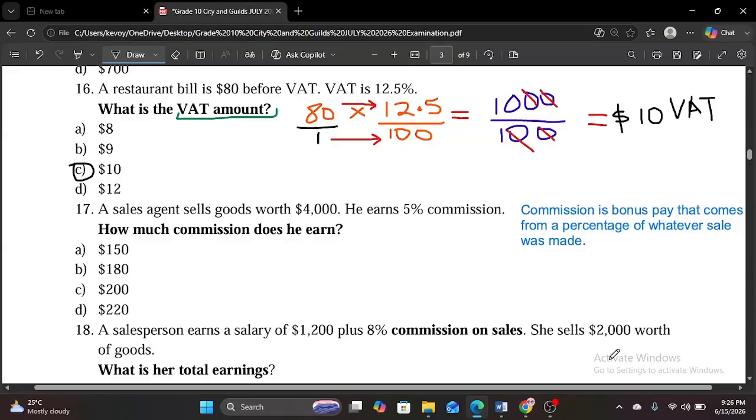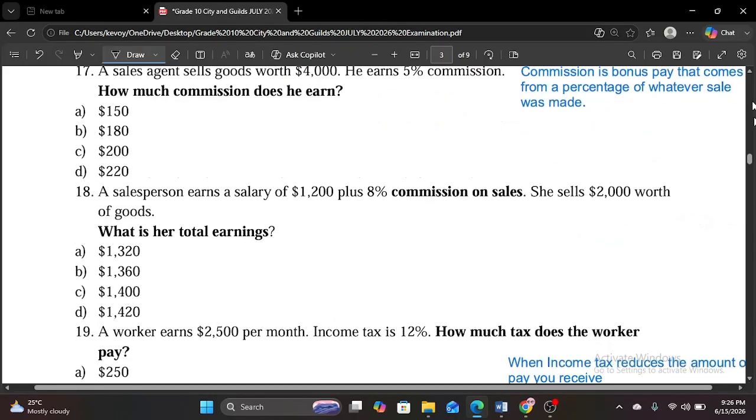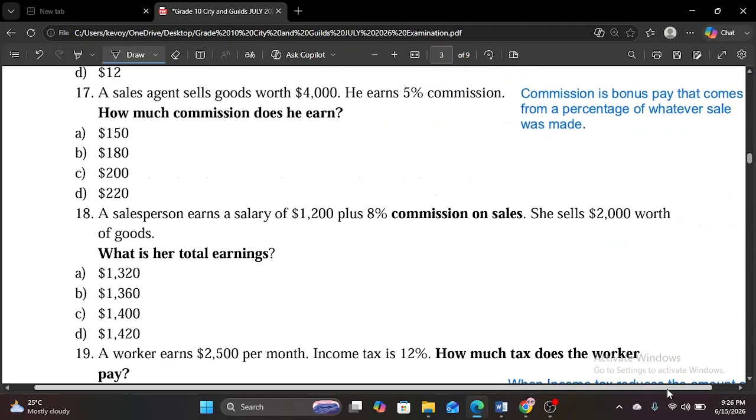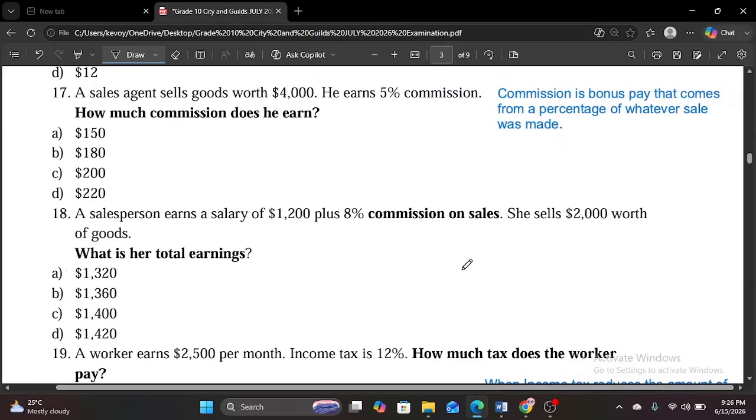All right, so now we're at 17. All right, so 17 says that the agent sells goods worth $4,000. He earns 5% commission. How much commission does he earn? So commission is bonus pay that comes from a percentage of whatever sale was made. All right, so since he sold goods worth $4,000, he's going to earn 5% of $4,000.